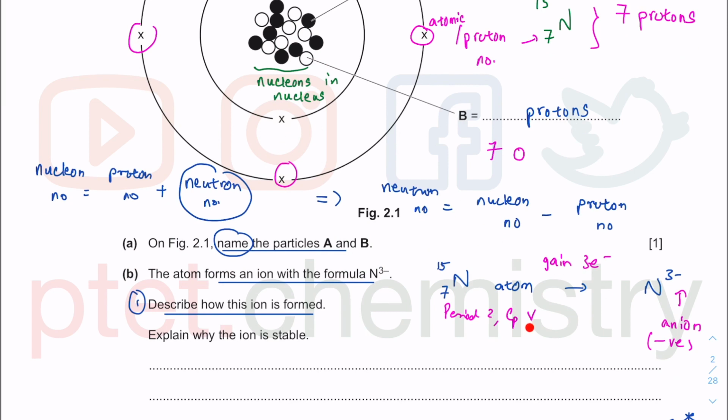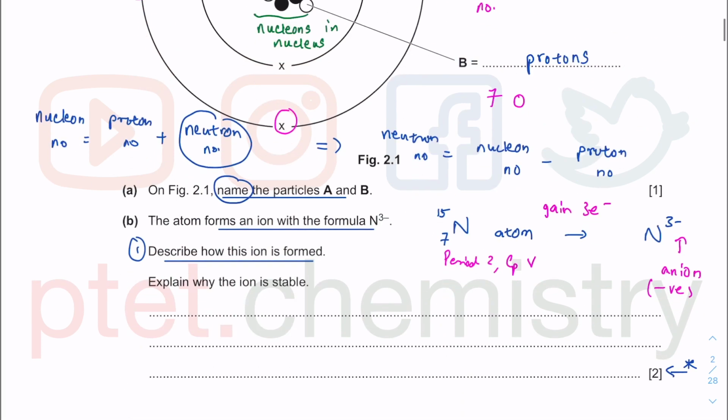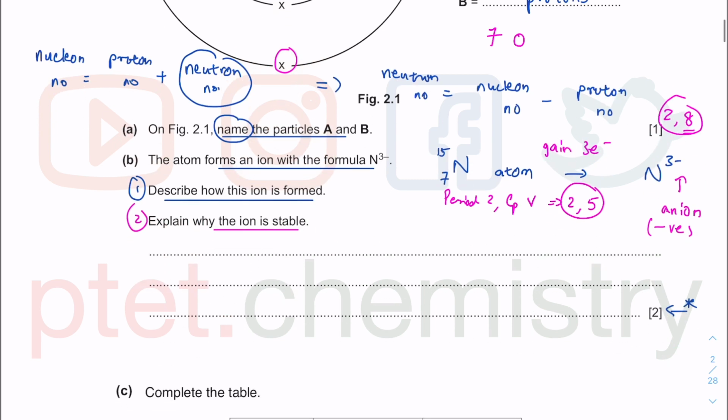The group number tells you how many outer shell electrons you have. Group 5, 1, 2, 3, 4, 5. Nitrogen is basically 2, 5. Now you gain 3 electrons and it will become 2, 8 to have a fully filled outer shell, and that's the reason why this ion is stable, because you gain 3 electrons to become a fully filled outer shell.